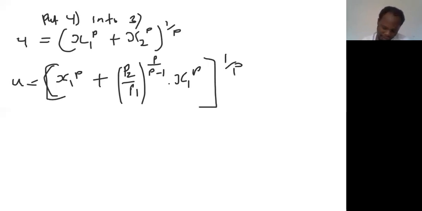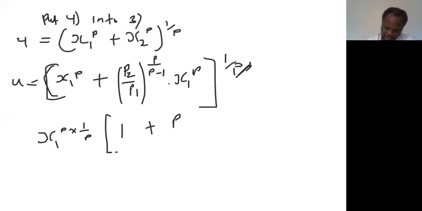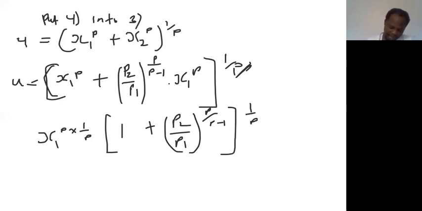Great. Right. So there's a common factor, which is what? x1^φ. So I can take x1^φ out. Now when I take x1^φ out, I'm going to have x1^φ, but there's already another exponent here, which is affecting x1. So times 1 over φ multiplied by, now here becomes 1, there's no more x1, plus P2 over P1, then φ over φ minus 1, and then 1 over φ. Great. Now this cancels this.